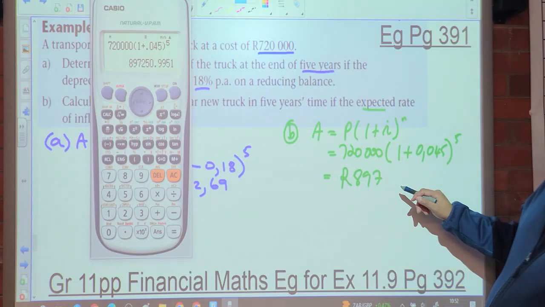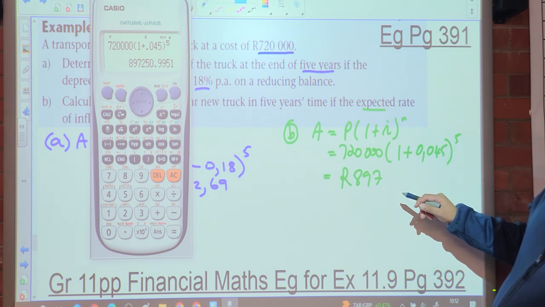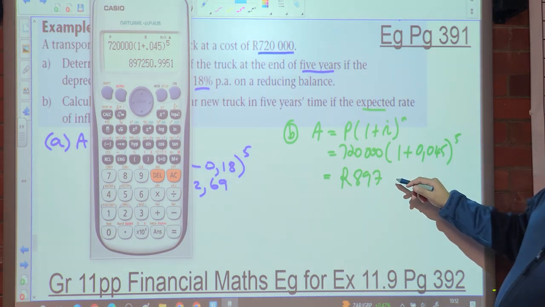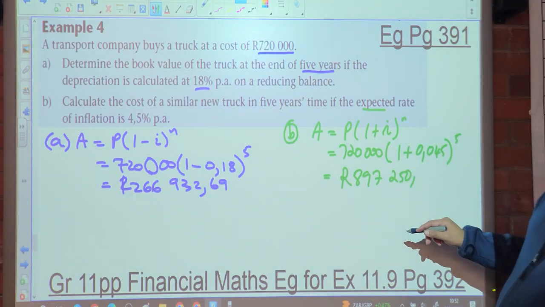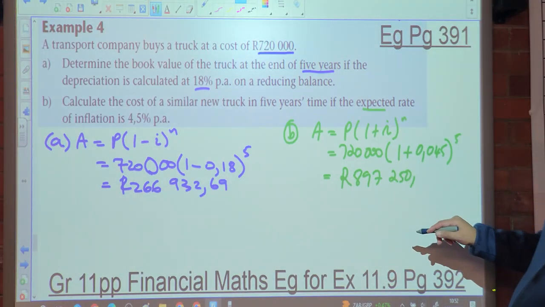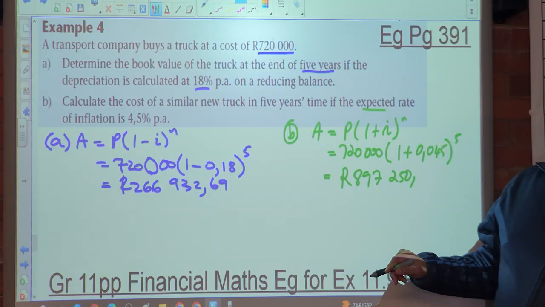897,250. Why 51? Sorry, you said 251. 897,250. Did it say to the nearest rand? Did it say the nearest rand in your book?